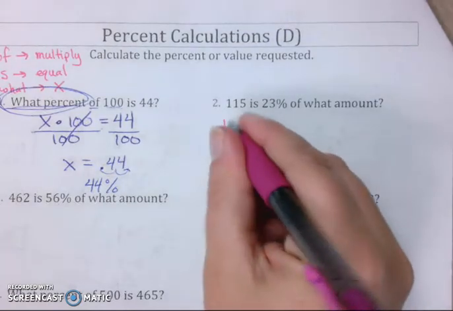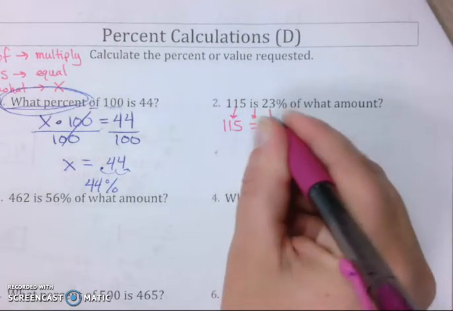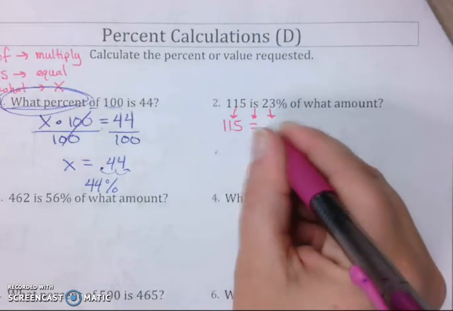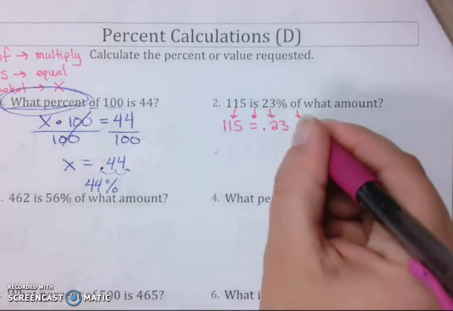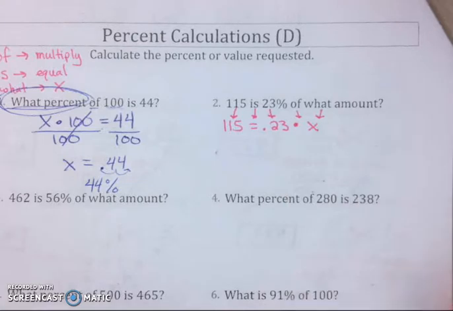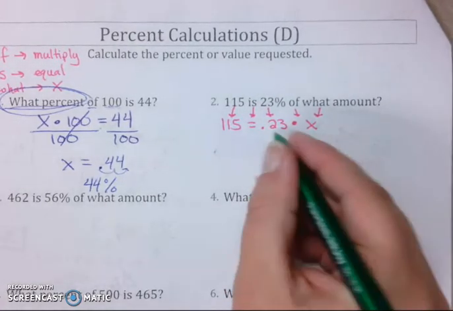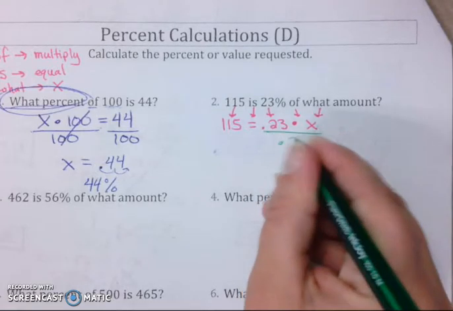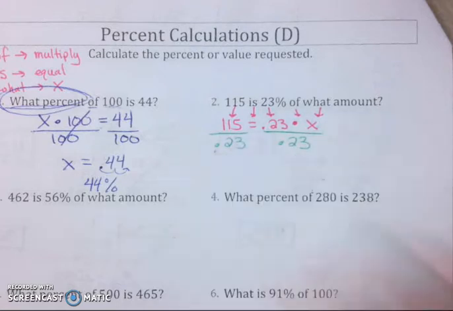Okay, 115. So you write it in direct order. Is means equals. Percent. Remember, write it as a decimal. 23% is 0.23. Of means to multiply. And what number is our variable, our x? So we have 0.23 times x. To undo times, we divide. So they cancel out. What we do to one side, we do to the other side.